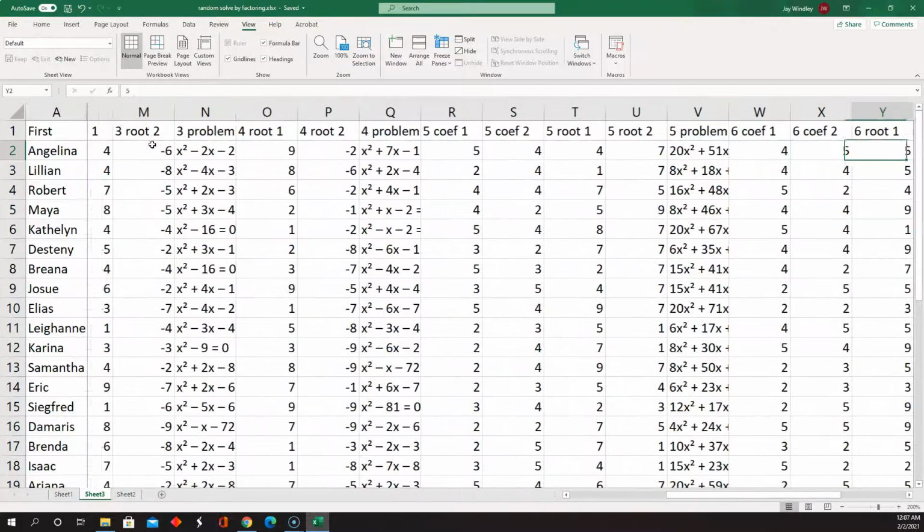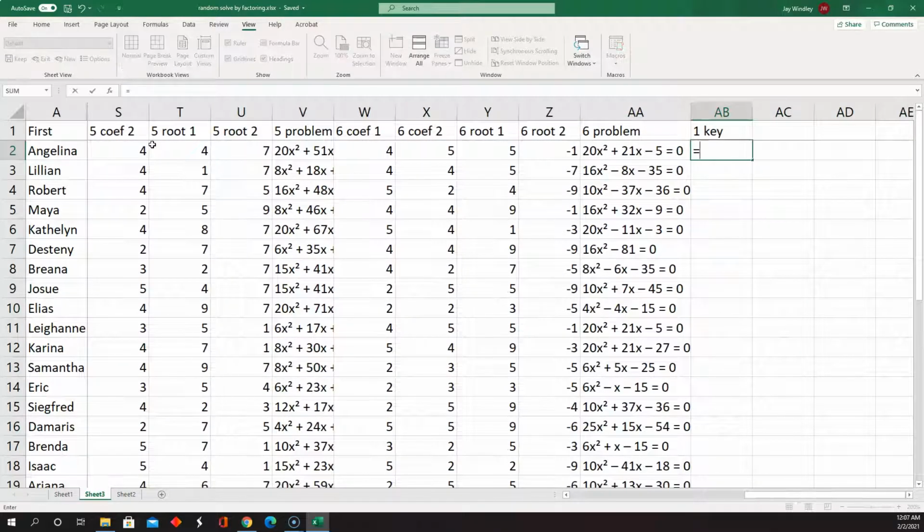So my key for problem 1 is going to be, quote, x space equals space, end quote, ampersand, parentheses, the negative of F2, close parentheses, ampersand, quote, comma, space, x space equals space, end quote, ampersand, parentheses, negative of G2, close parentheses, bam.